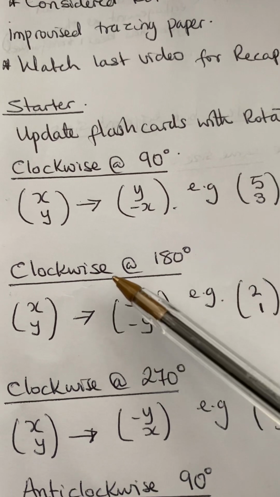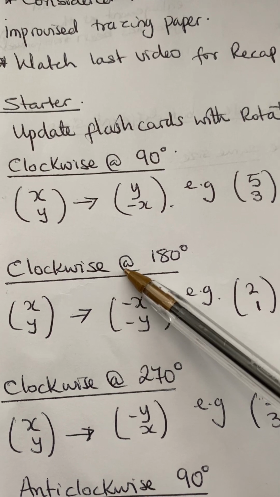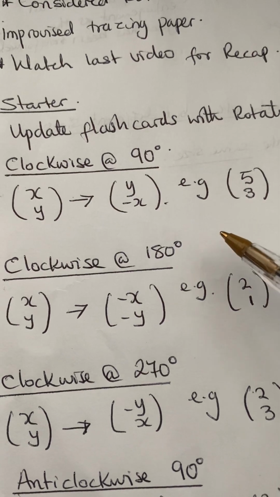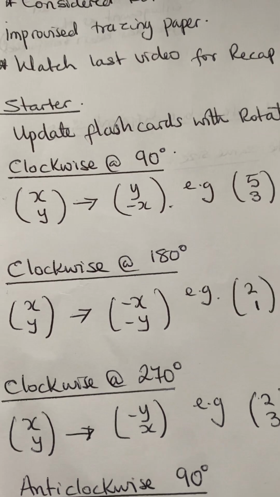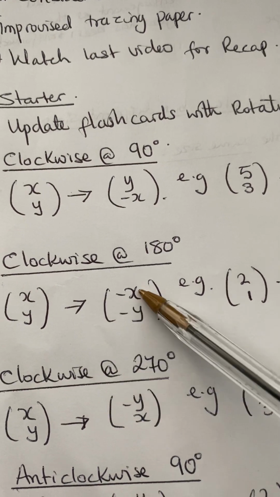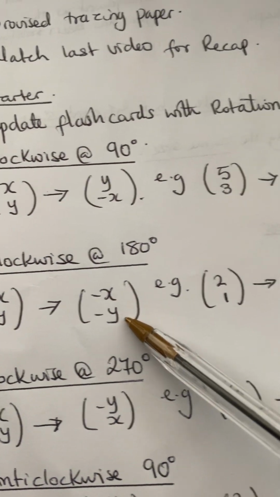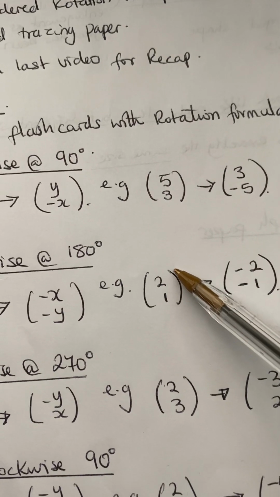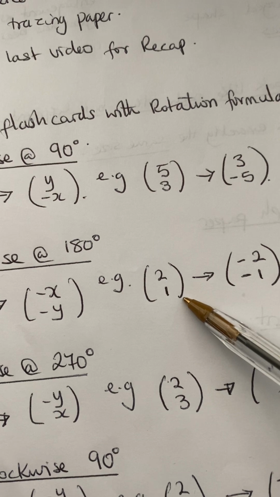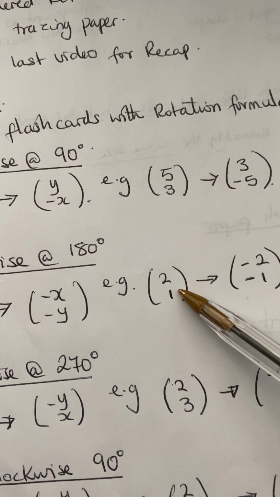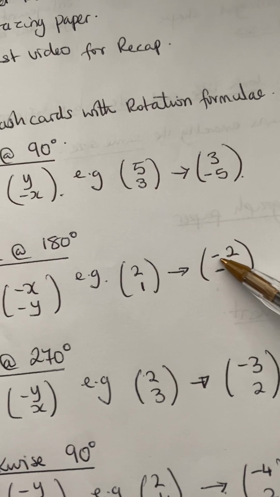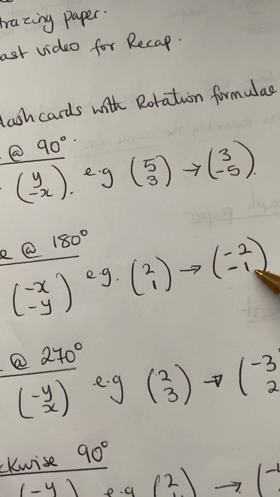And then anti-clockwise and clockwise at 180 degrees, because whatever way you do it, it will come to the same object. So (x, y) will become (minus x, minus y). So if you rotate the point (2, 1) either anti-clockwise or clockwise at 180 degrees, you are going to get (minus 2, minus 1).